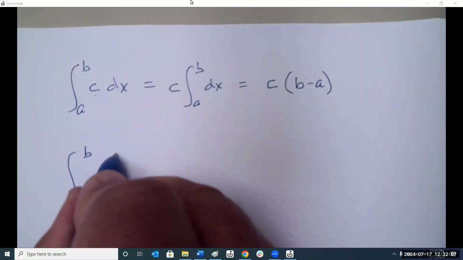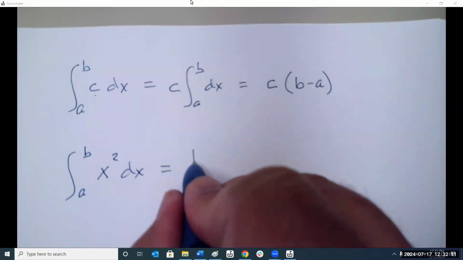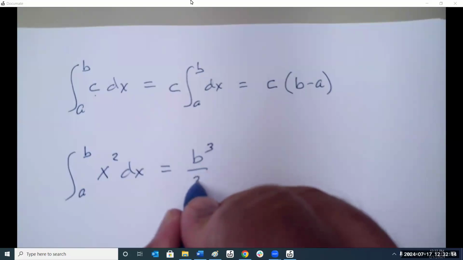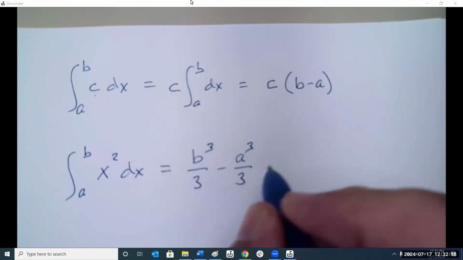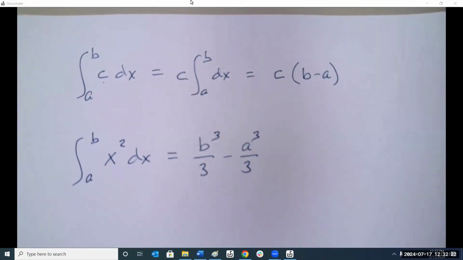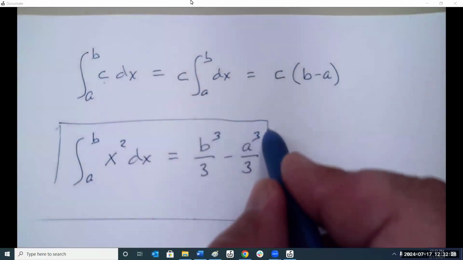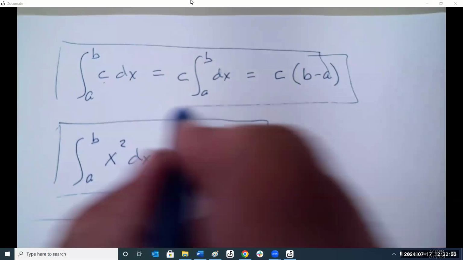And since we dealt with x the last time, if we deal with x squared, we're going to get this. So each of these we will use extensively from here on out.